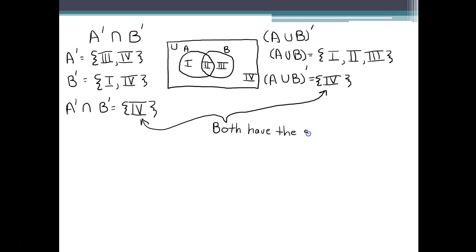So whatever elements we're dealing with, both sets will have the same elements. And if they have exactly the same elements, then that tells us the two sets are equal to each other. They're also equivalent because they'll have the same number of elements. But since they have exactly the same elements, we can say they are equal.